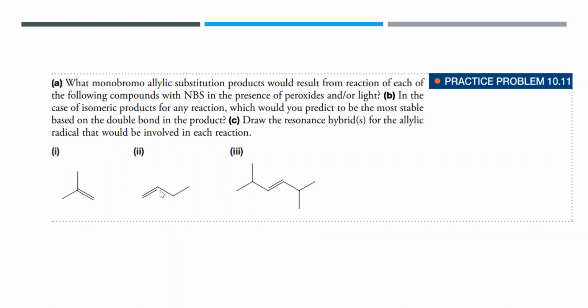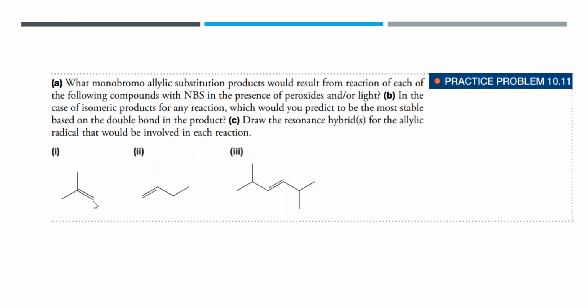Now, once you get your radical, for example, you can have your radical here. It actually forms delocalization. If this is the radical that you initially obtained, you can stabilize that one by delocalization.